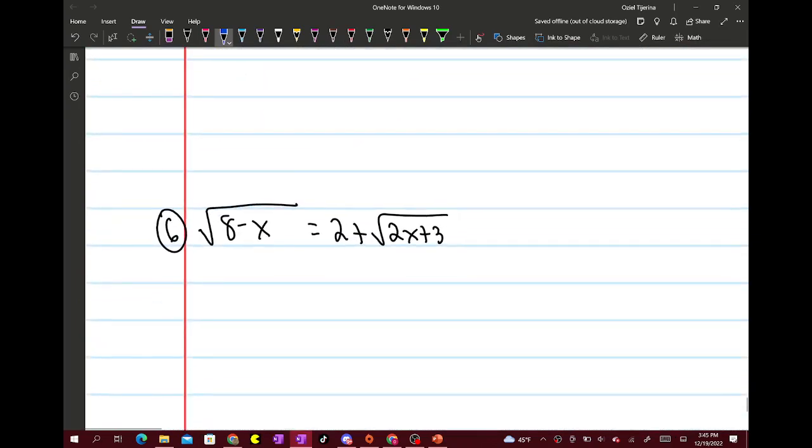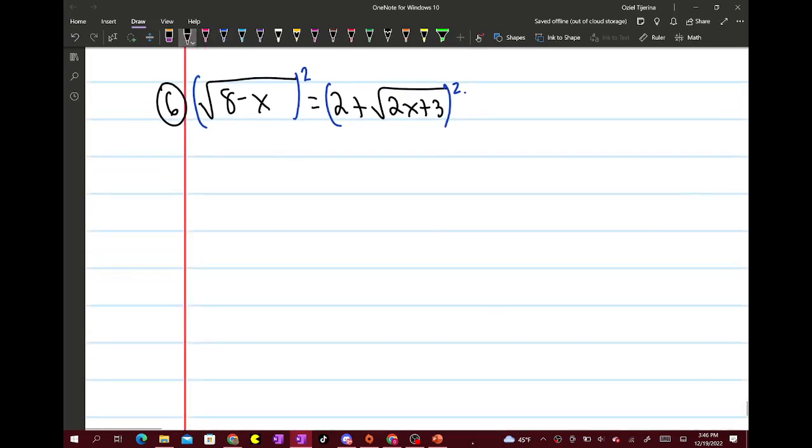So this is very similar to the last example. So this would be 8 minus x equals, and you would do the FOIL method.